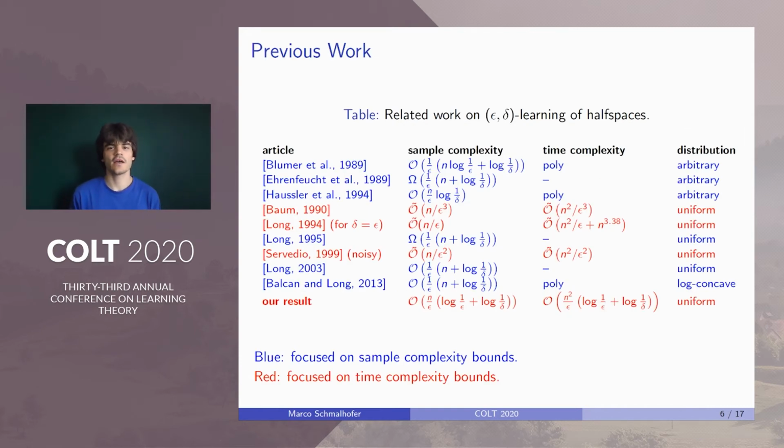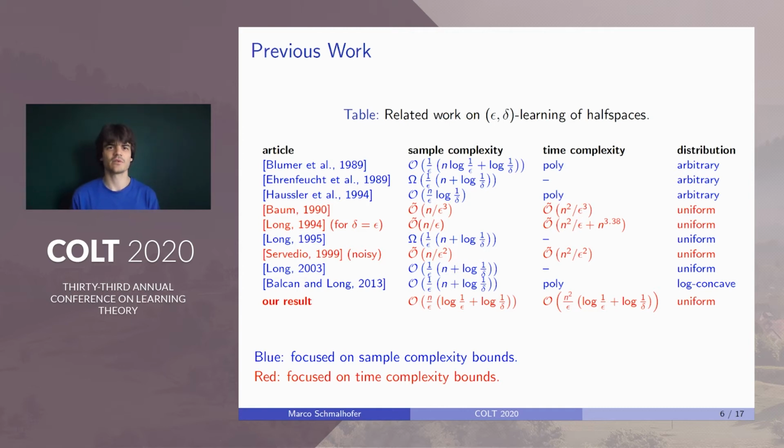So let me outline a little bit of previous work on epsilon-delta learning of half spaces. First of all, by the well-known PAC learning results of Blumer et al., Ehrenfeucht et al., and Haussler et al., it suffices to find a linear separator consistent with a sufficiently large number of labeled examples, which is not too large. This can be done in polynomial time by standard linear programming techniques.